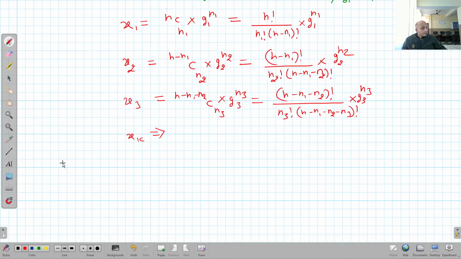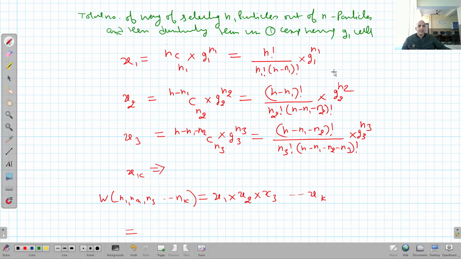So the total number of ways, that is w, n1 n2 n3 so on nk, the thermodynamic probability, will be equal to x1 multiplied by x2 multiplied by x3 so on multiplied by xk.